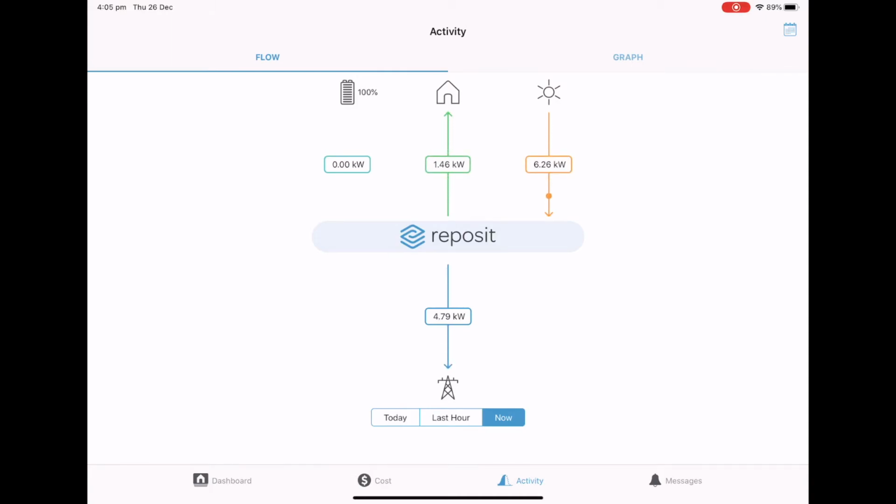You can also click on last hour, so that just shows you what's happened in the last hour, and then today. So as you can see there, solar 58 kilowatts, and nearly 36 has been exported so far. The house has used 17.8.